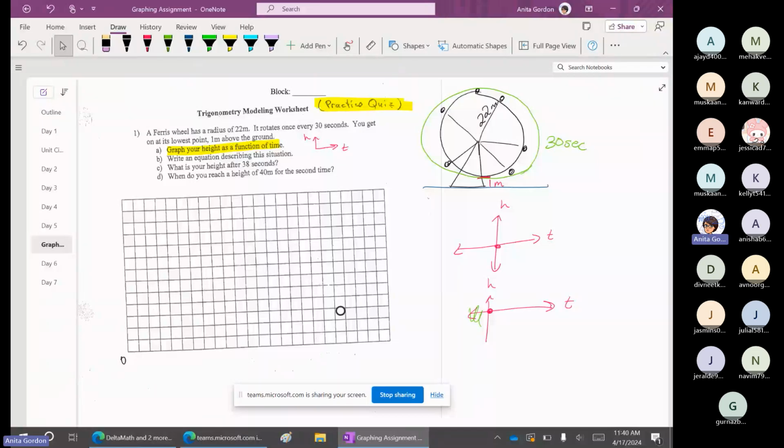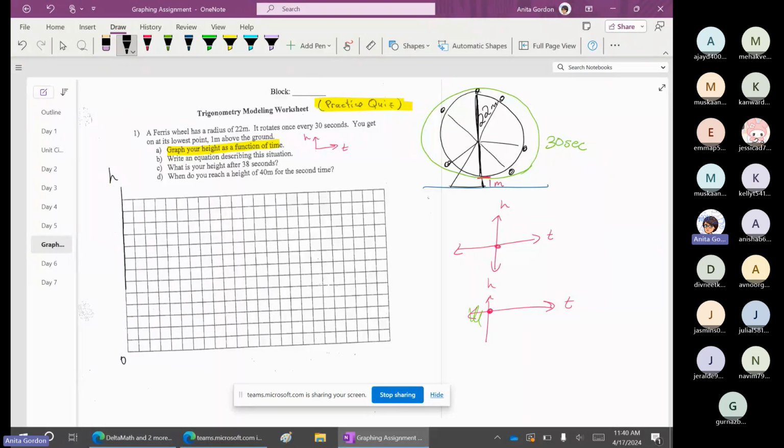No. What'd you say? How'd you get 45? The diameter is 22 plus 22. That makes 44. How'd you get 45? You have to be off the ground 1 meter.